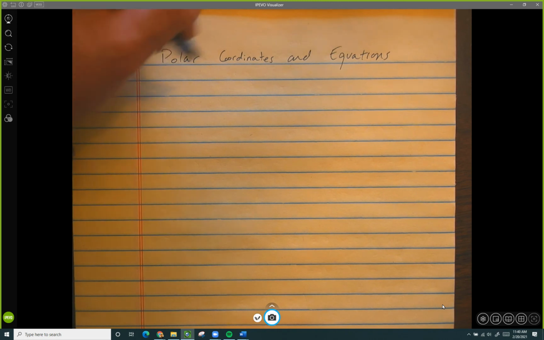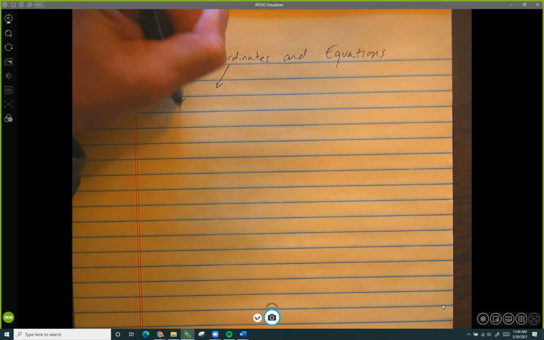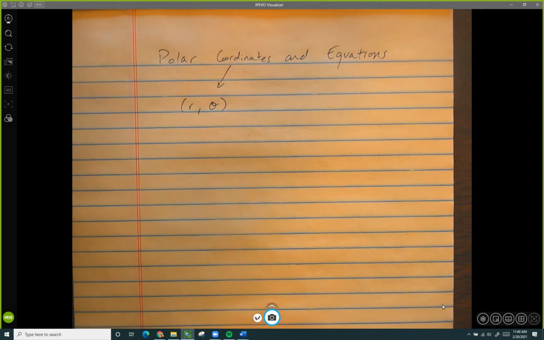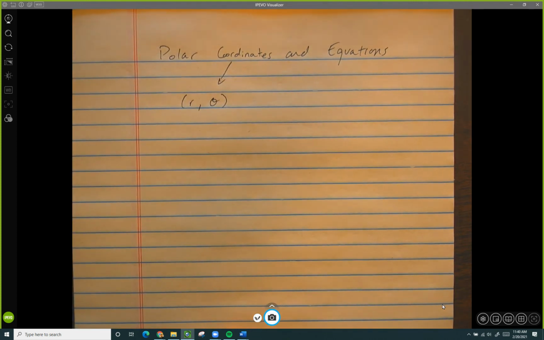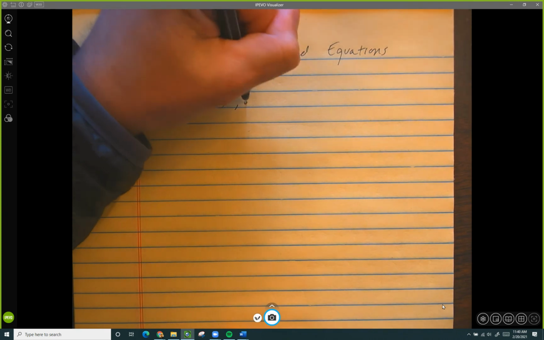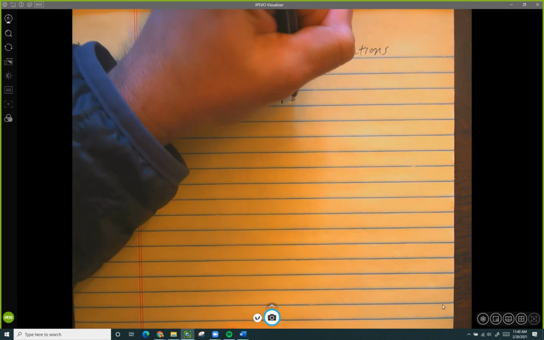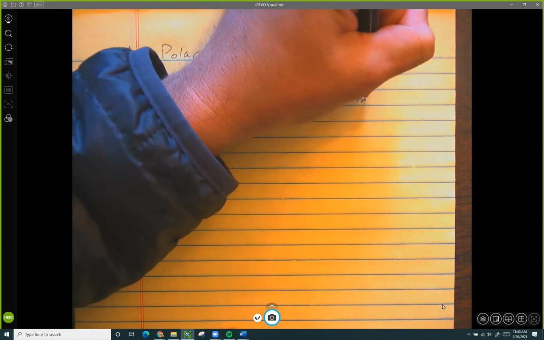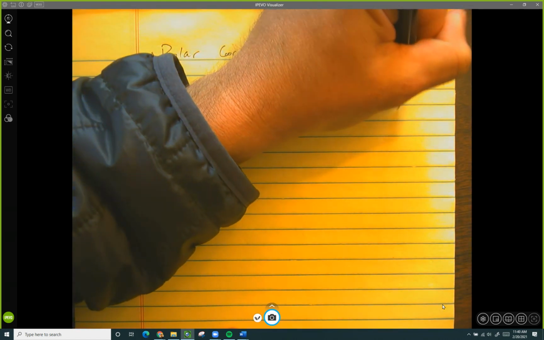So the coordinates are r comma theta, where r equals distance from origin.